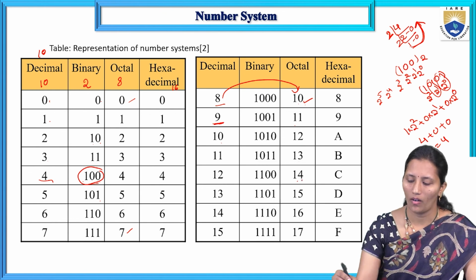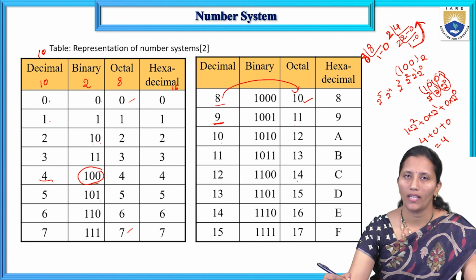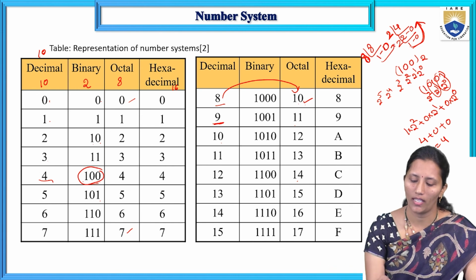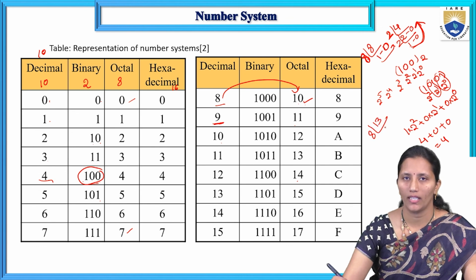Okay. How can we represent 8? The base is 8, so 8 ones are 8. The remainder is 0. So, 1, 0. So, 8 is represented by 1, 0. Suppose for example 13. How to represent 13 in the octal number? 8 ones are 8, the remainder is 5.